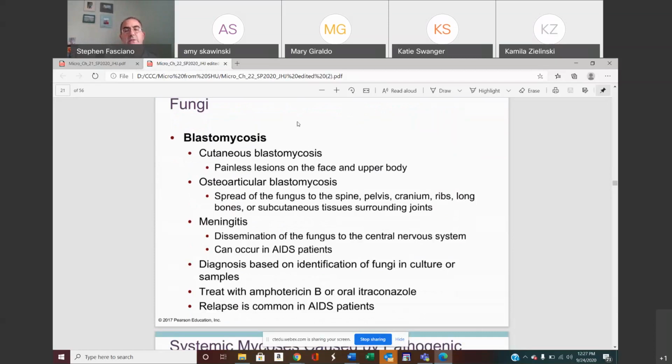So cutaneous is actually going to affect the skin, give you lesions on your skin. Osteoarticular is the joints, right, between your bones. Meningitis, this fungus can cause meningitis, which affects the layers surrounding your brain and your spinal cord, the membranes surrounding your brain and your spinal cord.